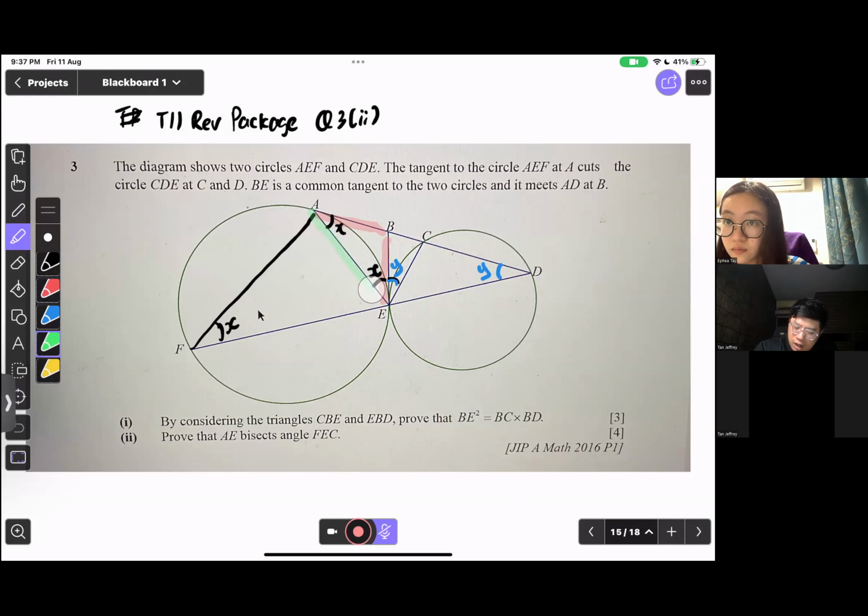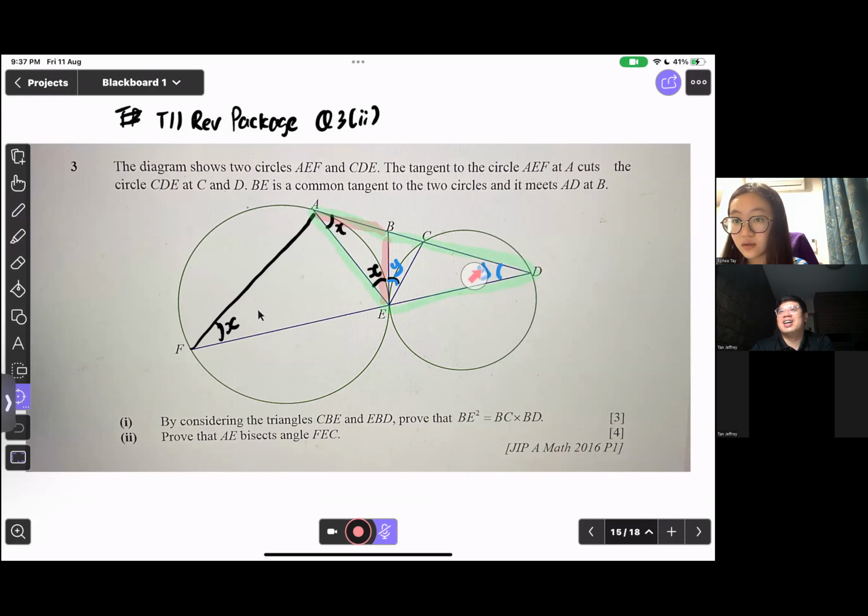Now, if you look at triangle ADE, I want you to stare hard at triangle ADE. What angle is this? X. This one? Y. So if this is x, this is y. What is this? 90 minus which angle?